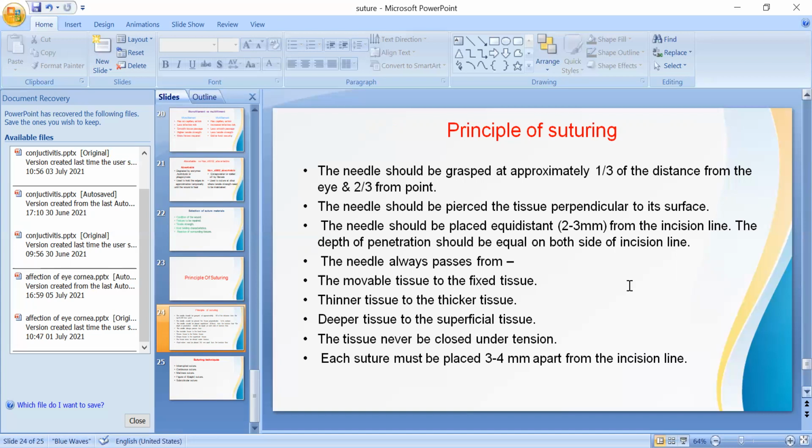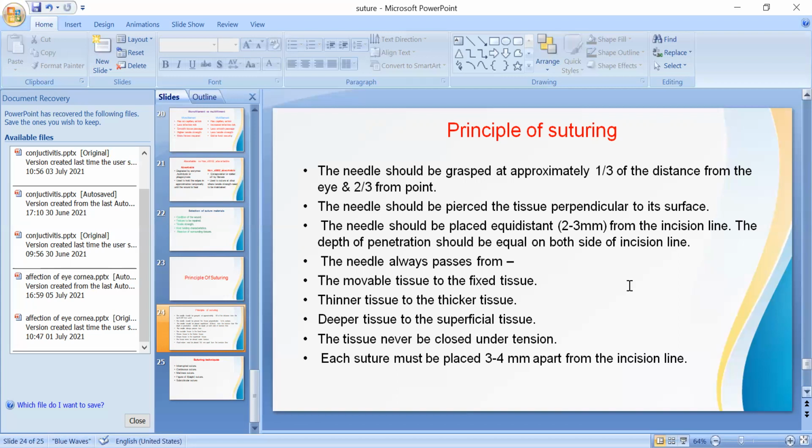The needle should be placed equidistant from the incision lines. The depth of penetration should be equal on both sides of the incision line. This is very important if you are going to do interrupted suture: the distance between two interrupted sutures is the same, and your depth of penetration should also be the same.